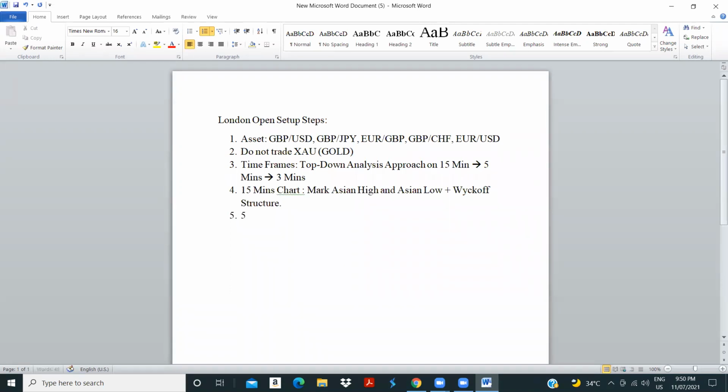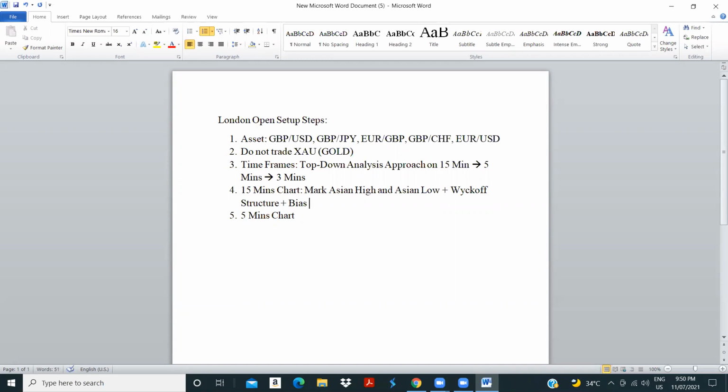On the 5-minute chart, we refine the Wyckoff structure, and after the Wyckoff structure, we establish a bias.